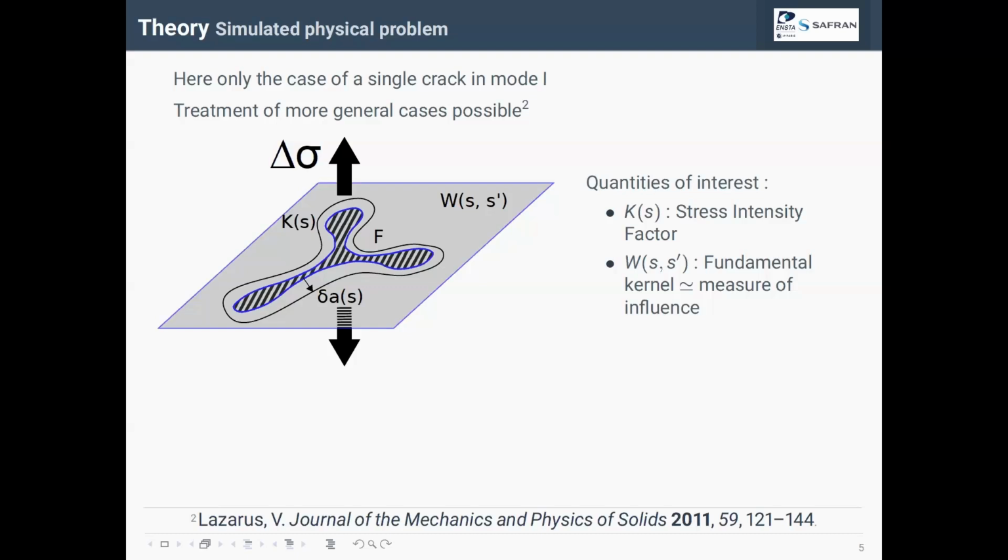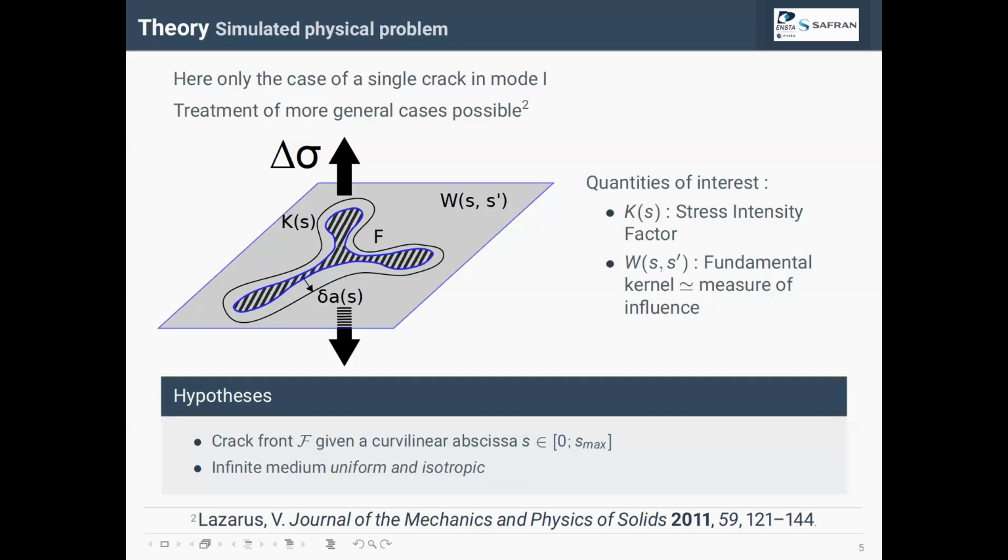We are going to focus on the stress intensity factor because it is the quantity we want to look at. And we are also going to follow the W function, the so-called fundamental kernel, which can be understood as a measure of the influence of a loading near some point of the crack on the stress intensity factor's value at another location of the crack.